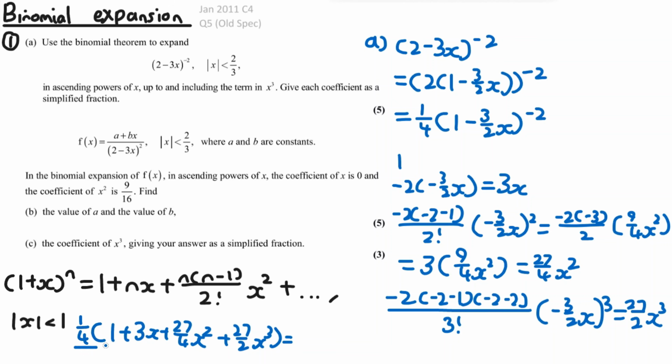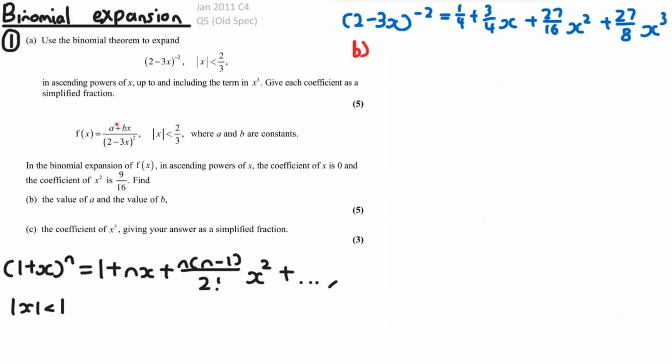So this is going to be equal to, if we expand the bracket, a quarter plus 3 over 4x plus 27 over 16 x squared plus 27 over 8 x cubed. So this bracket here is equal to this expression here, where we're going up to and including the x to the power of 3 term.